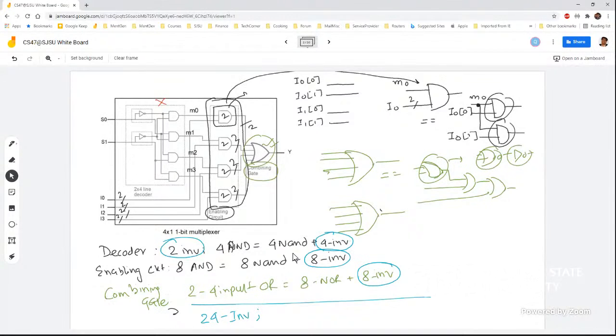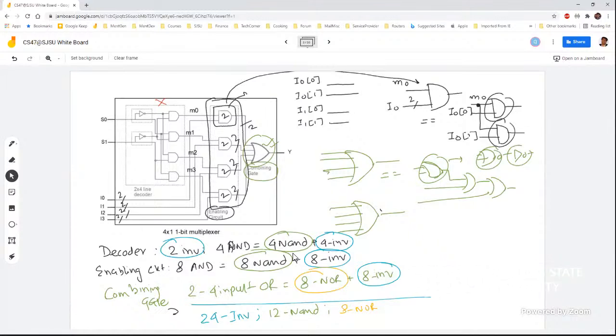And we have NAND: 4 NAND, 8 NAND, 12 NAND. And NOR we have 8. So these are the number of fundamental gates we need to build a 2-bit 4x1 multiplexer.